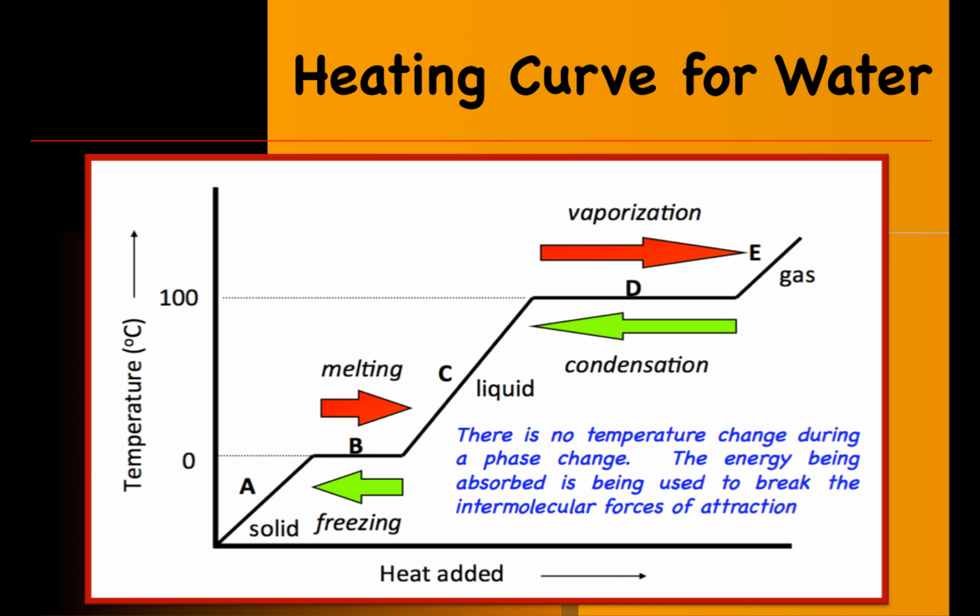Interval C represents the liquid phase of water. Notice it goes from the freezing point of 0 degrees to the boiling point of 100 degrees. Interval D represents another phase change. The red arrow represents the endothermic process, when energy is being absorbed.